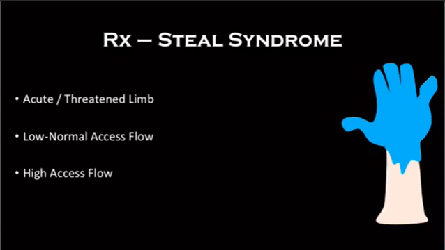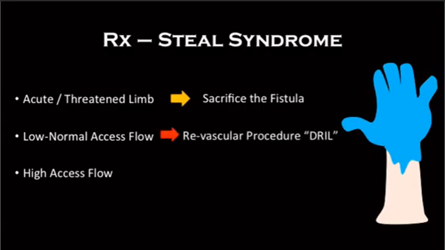If you've got an acutely threatened limb, they'll tell you to just sacrifice the fistula. If it's got low or normal access flow, usually they'll say to do the DRIL procedure, which is a distal revascularization of the extremity.